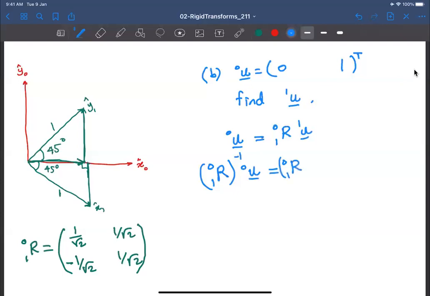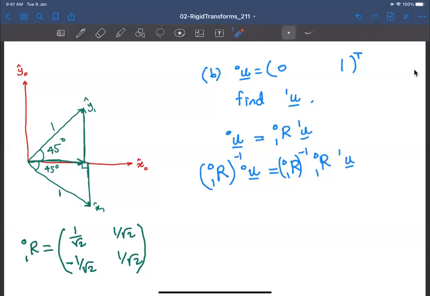It is equal to R1 to 0 inverse into R1 to 0, into u in 1, okay? And you know that these two matrices are the inverse of each other, so they cancel, and you're left with the identity matrix, and the identity matrix times any vector equals the same vector because it's the multiplicative identity.